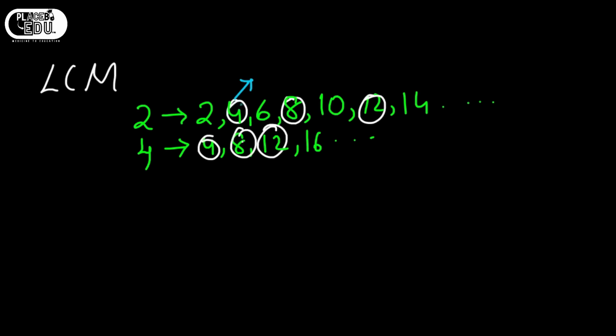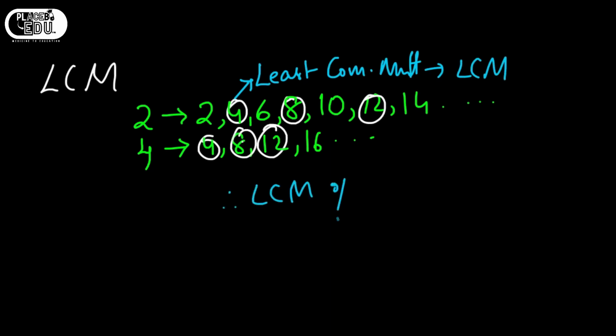Understood? These are the common multiples and this is the least one. So this is known as least common multiple, which is nothing but LCM. Therefore, LCM of 2 and 4 is nothing but 4. Understood? In this way, I can define the LCM.